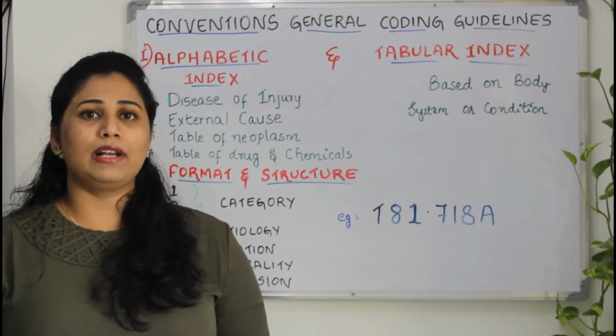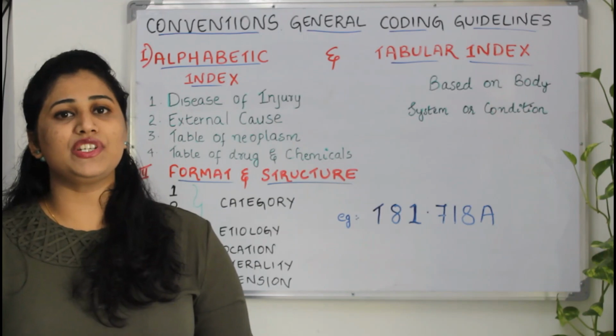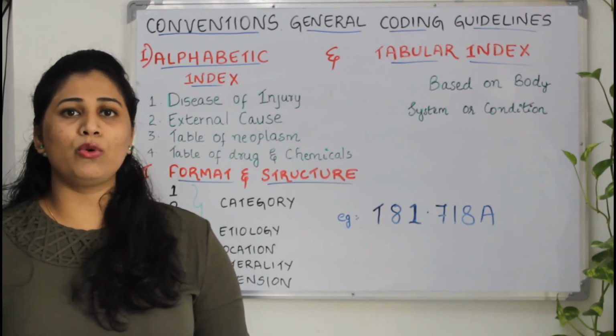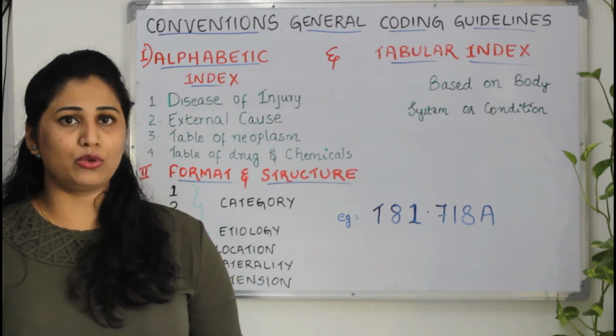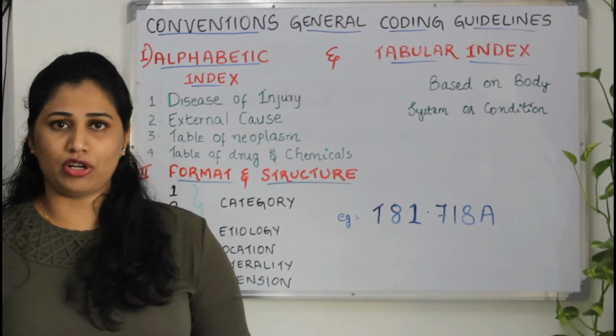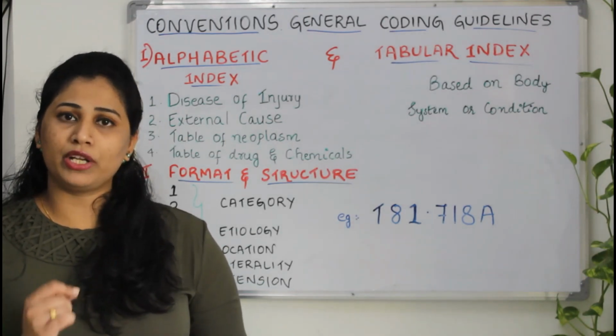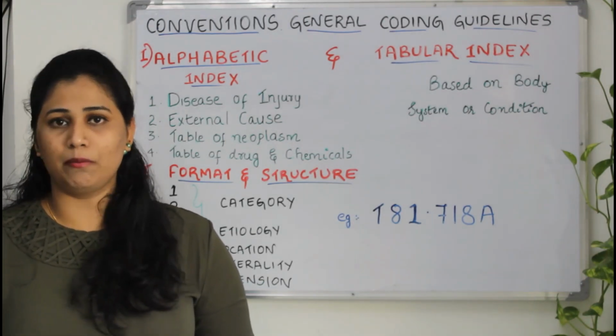For example, if the code is R05, which indicates cough, that means there is no more extension for that particular code. In that case, we'll write R05 and we'll not put a dot after that. That means R05 is a complete code. If we put a dot, that means it is an incomplete code.